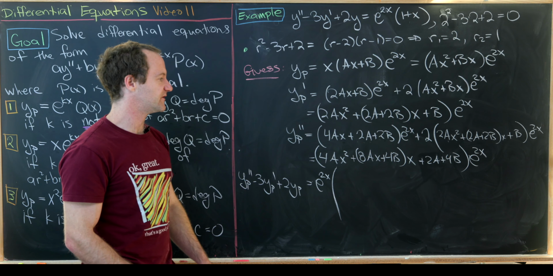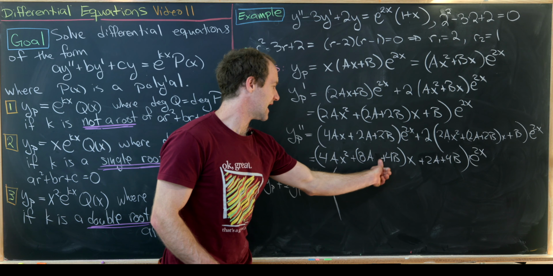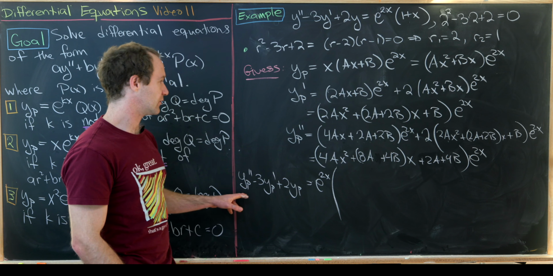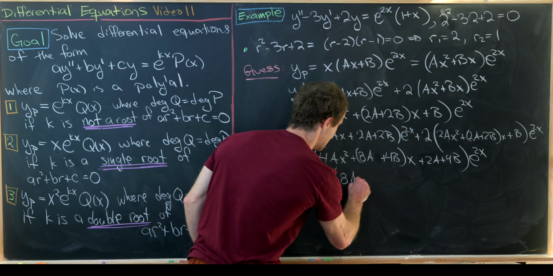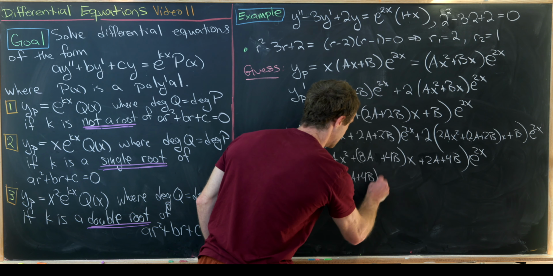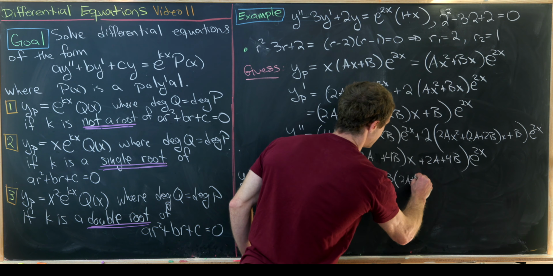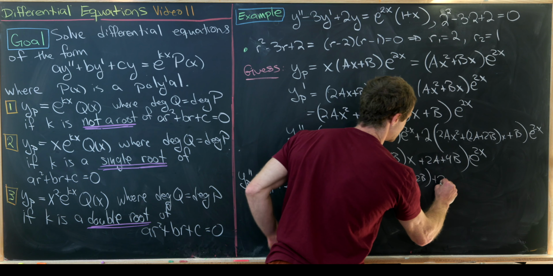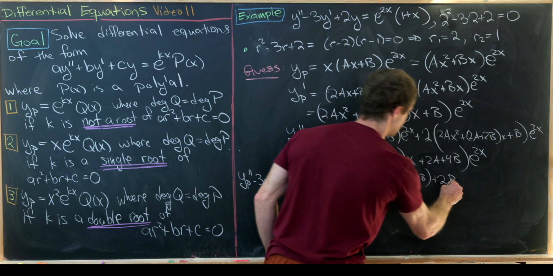Now let's look at the coefficient of x. So that's going to be 8a plus 4b from this term, and then it'll be minus 3 times this term. Let's write it out so we don't make a mistake. So we have 8a plus 4b minus 3 times (2a plus 2b), and then plus 2, the coefficient of x up here is just b.